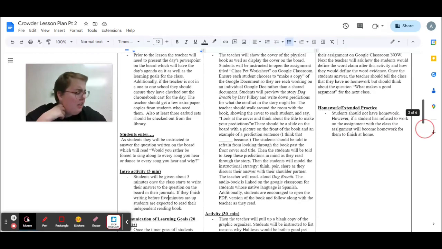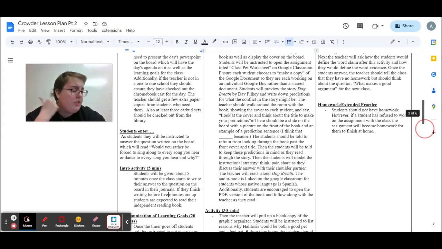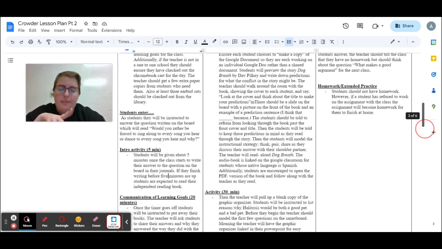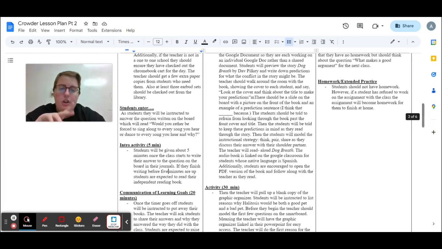And then we have differentiation, which is, I wrote graphic organizer. I made a note of that because I think that students often need a graphic organizer to break it down for them.